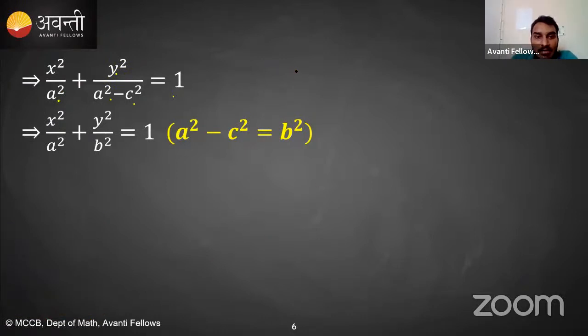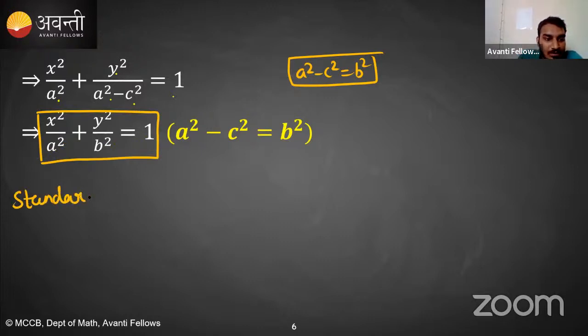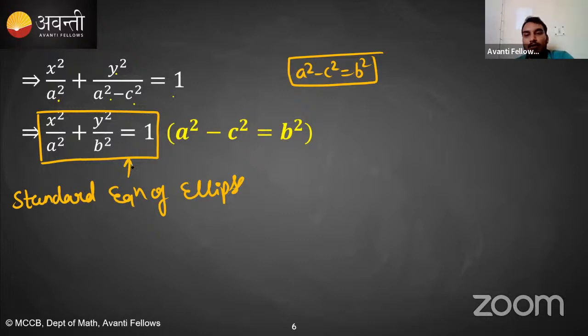And we assume that a square minus c square is equal to b square. It means this is the standard equation of ellipse: x square upon a square plus y square upon b square is equal to 1. Standard equation of ellipse क्या है? x square upon a square plus y square upon b square is equal to 1.